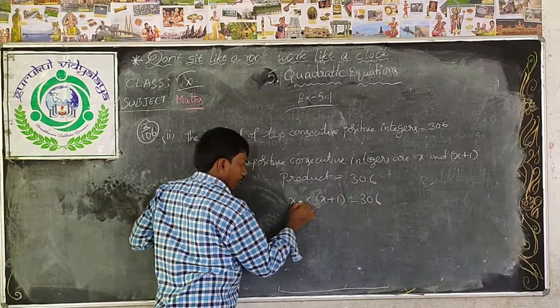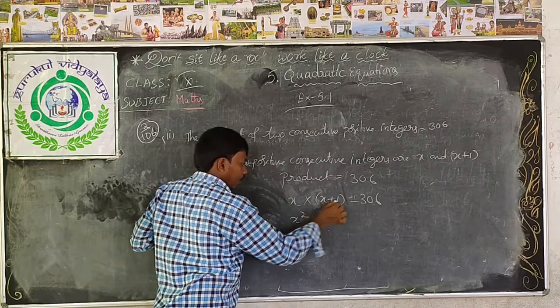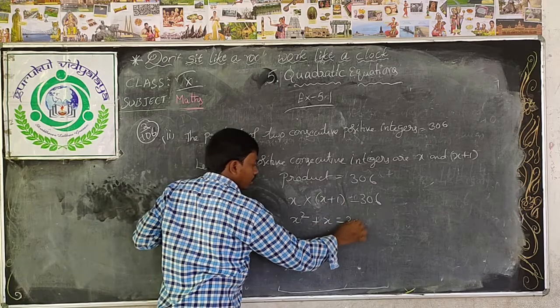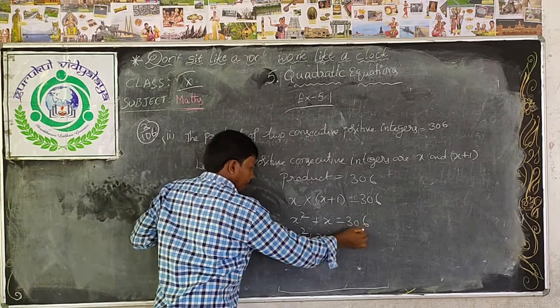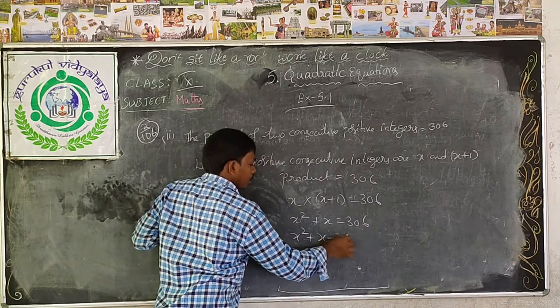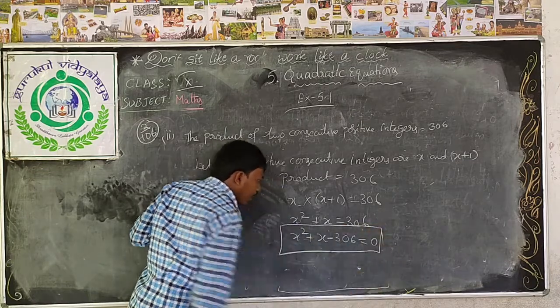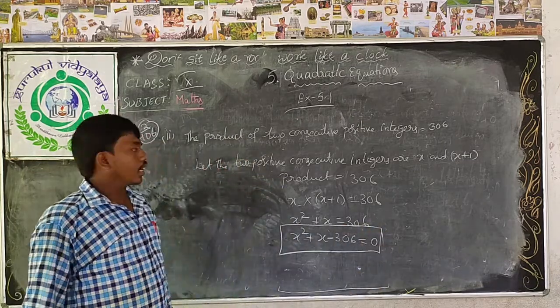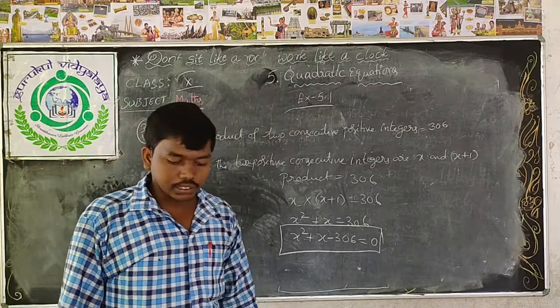Product: x into x, x square, plus x into 1, x, is equal to 306. x square plus x minus 306 is equal to 0, transposing 306 to the LHS. This is the required quadratic equation for the above situation.